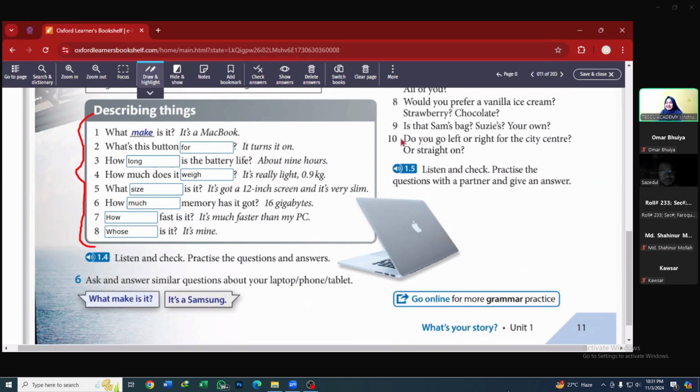Good. How much memory has it got? 11 gigabytes. Great. How fast is it? It's much faster than your PC.